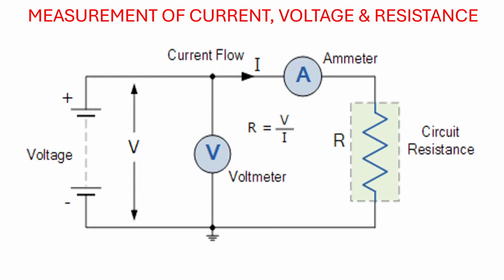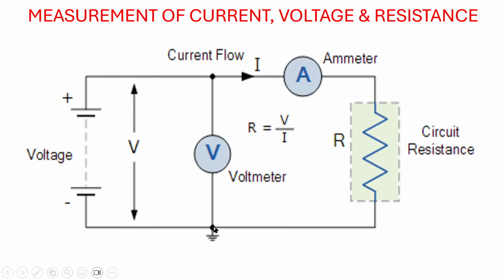Measurement of current, voltage, and resistance in a circuit. So this is a DC circuit. You can see your voltmeter, your ammeter, and your ohm meter used for measuring your circuit resistance. To measure your voltage in a circuit, you place one probe of the voltmeter on one point of the circuit and the other on the opposite point.